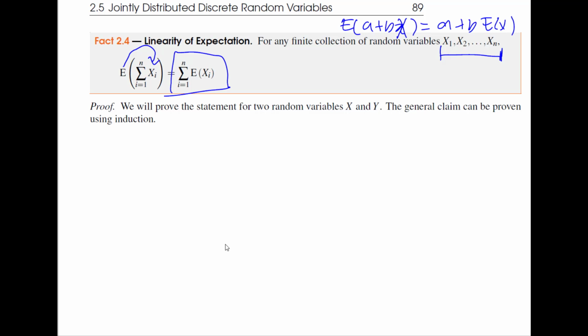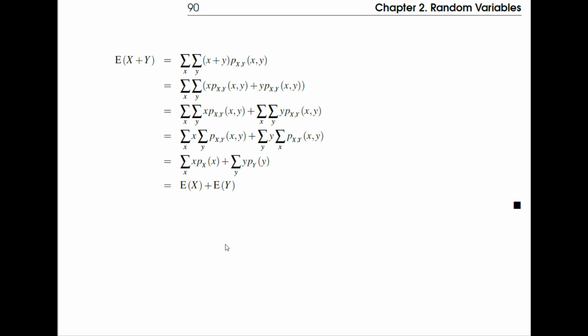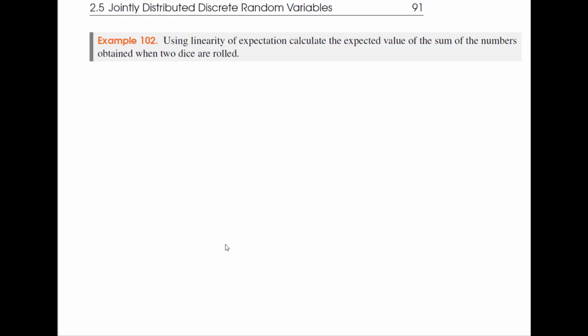Please go through this proof and let me know if you have questions during class tomorrow. This establishes the result for 2 random variables, and of course we can do it for many.